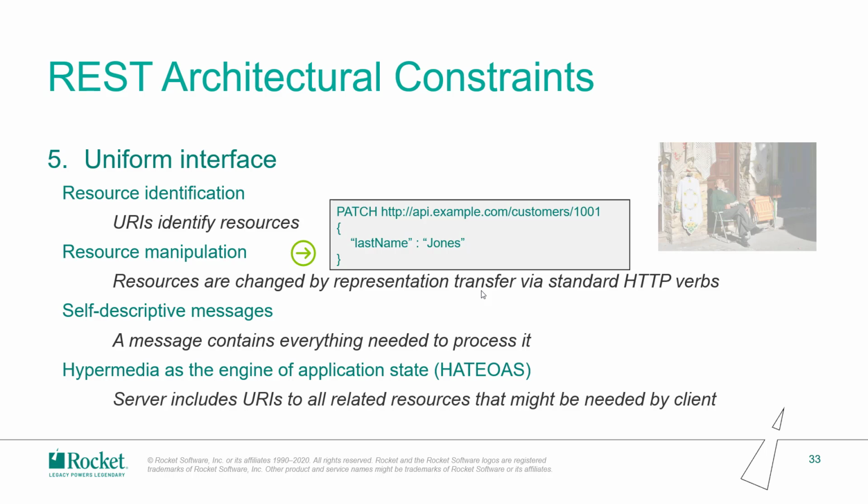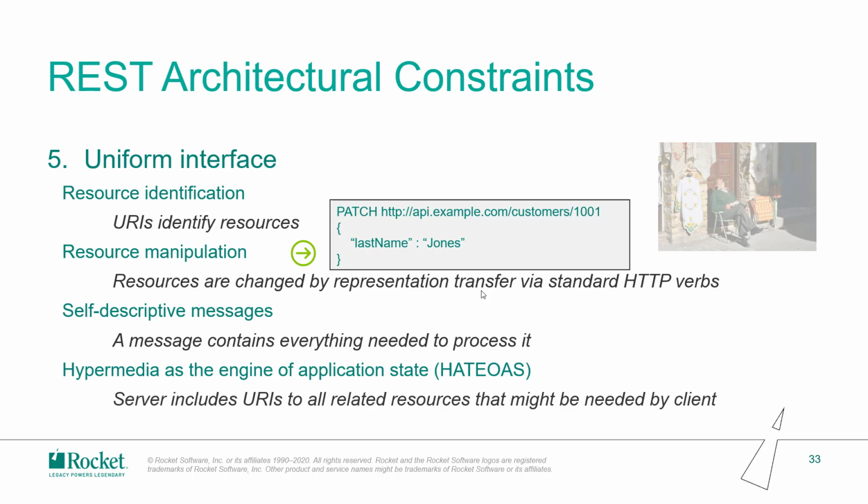Resource manipulation is the next constraint of the uniform interface, and it simply means that resources are changed only by representation transfer.